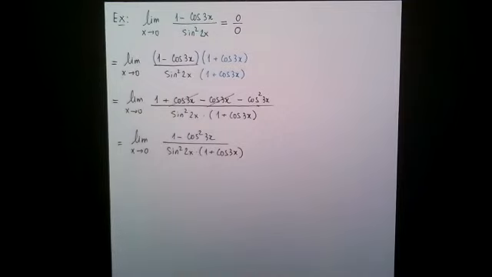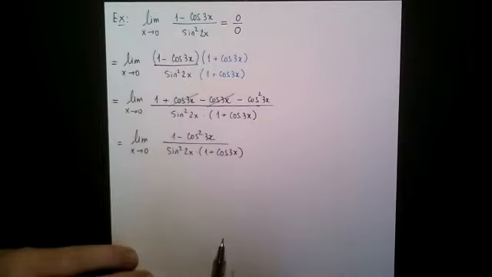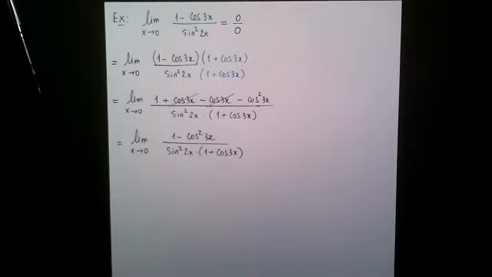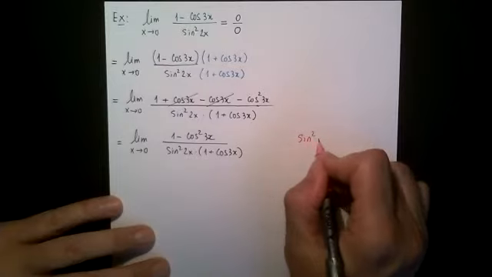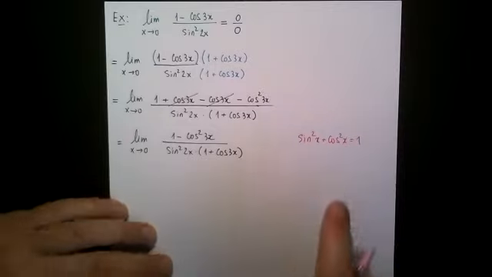Okay. We advanced a bit, but now what? 1 minus cos squared is equal to sine squared. Very nice. Okay, so from the identities that we did a few classes ago, if you remember that sine squared x plus cos squared x equals 1, right?